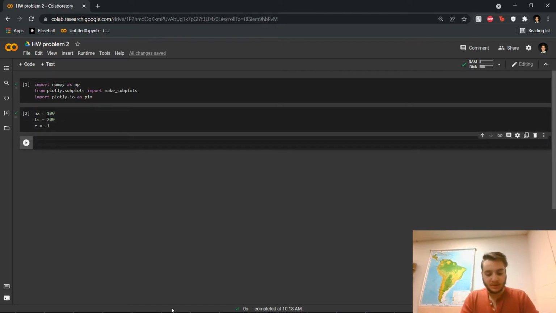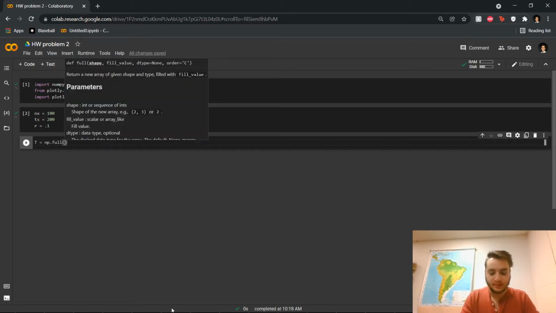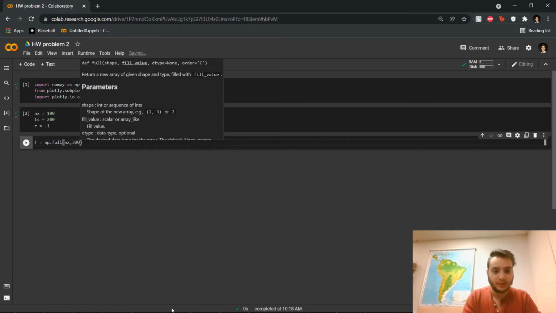So we need to make an array of the temperatures of our bar. How we do that is we set T equal to np.full, and then its dimensions are nx, and its fill is 300.